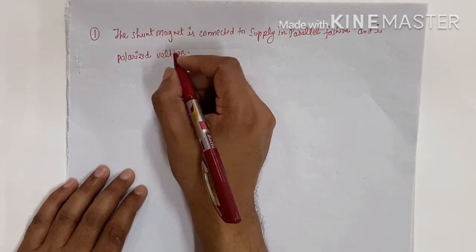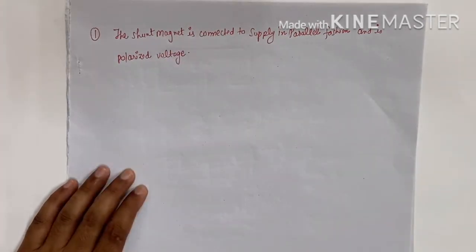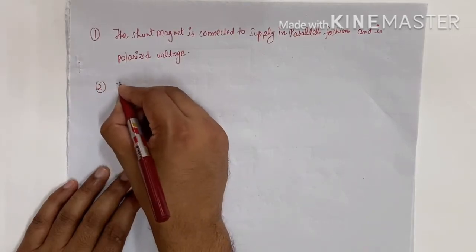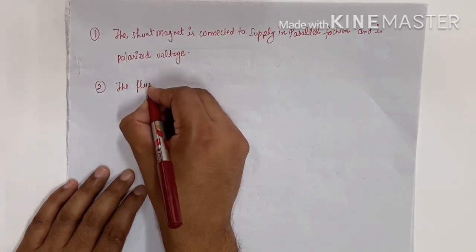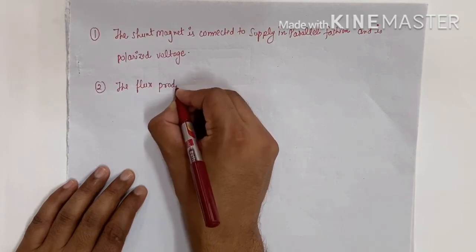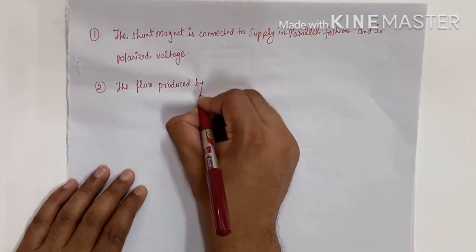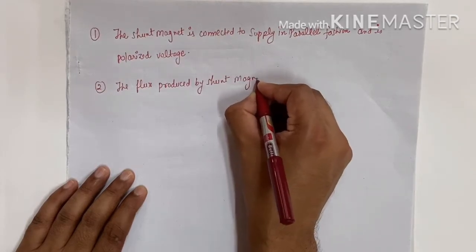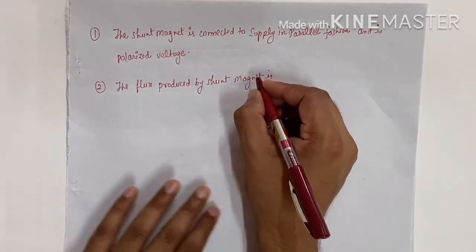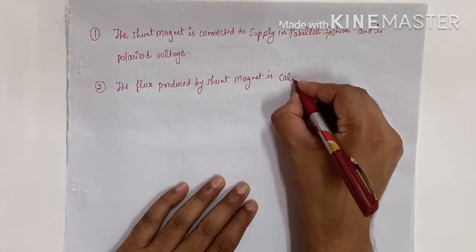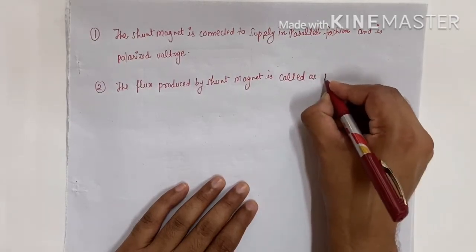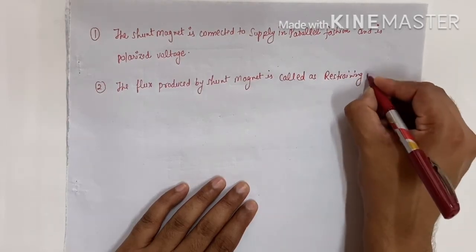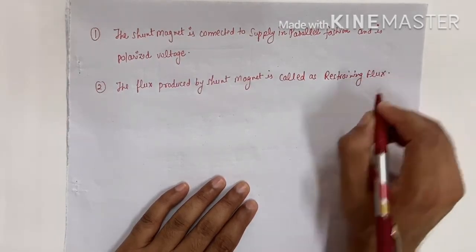Okay, now the flux produced by the shunt magnet can be considered as restraining flux. The flux produced by the shunt magnet is called restraining flux.